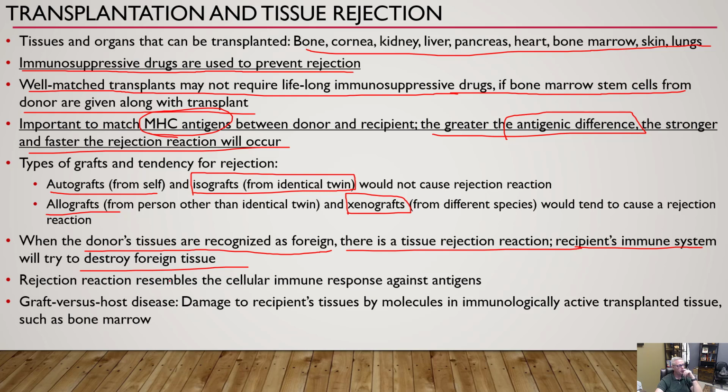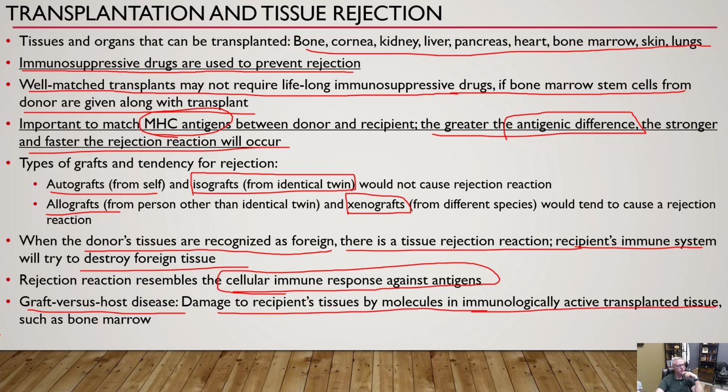And it's going to look like that cellular immune response against antigens, that T cell response, is going to start ramping up. And we have this thing called graft versus host disease. And that's just damage to the recipient's tissues from a transplanted tissue, such as bone marrow.